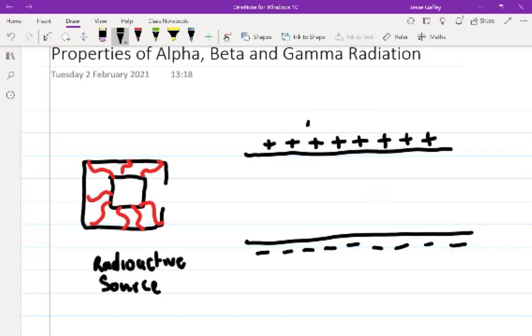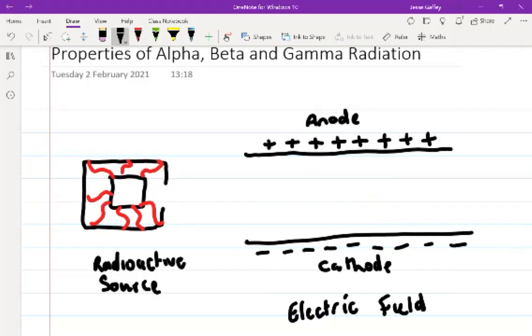So this is the anode, and this is the cathode. Together, they create what we call an electric field. The electric field is in here. It's this area in here where the charges are going to have their effect. So that's what we call an electric field.